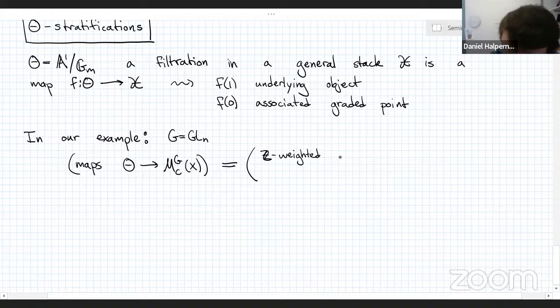So then it's just a Z-weighted filtered vector bundle.